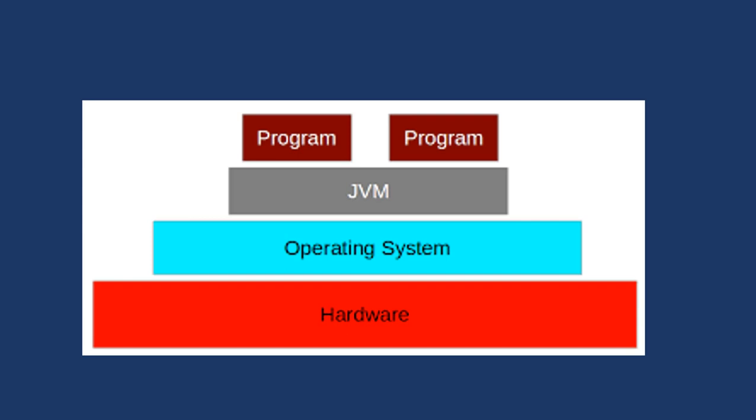So Java is a platform independent language, which means once you have written a Java program, it can be run on any machine irrespective of the operating system, because the Java program runs only on the Java virtual machine. In fact, an instance of the Java virtual machine. So it doesn't care about the underlying machine architectures.